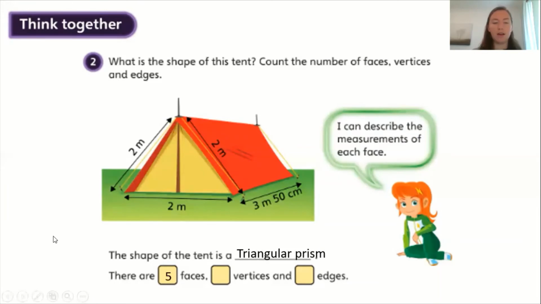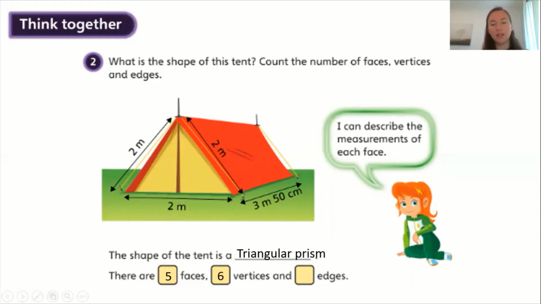So there are 5 faces, 1 and 2 triangles on either side, and then 1, 2, 3 rectangles that are the 3 other faces around the middle. So altogether there are 5. The vertices, the bits where the edges join, there are 6 of them. 3 here, 1, 2, 3, and the same at the other end, 1, 2, and then 3 somewhere in the back corner.